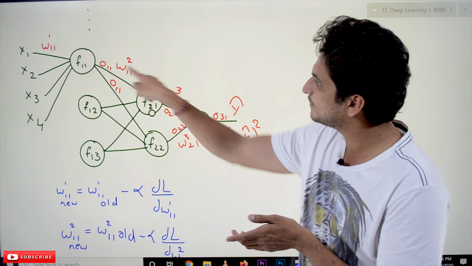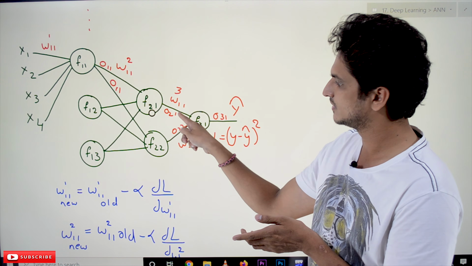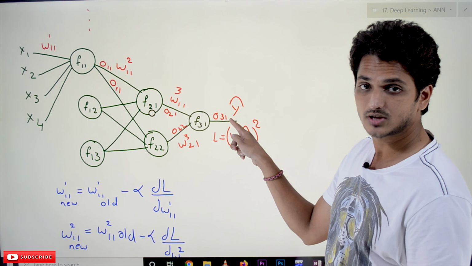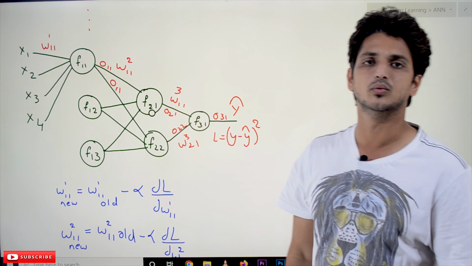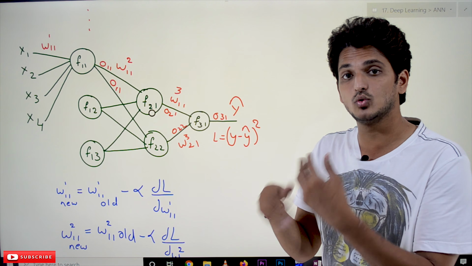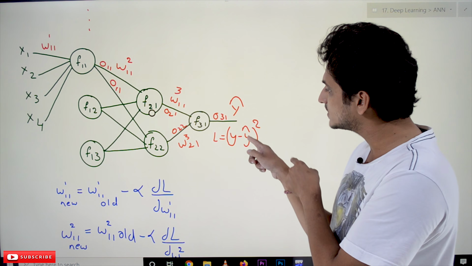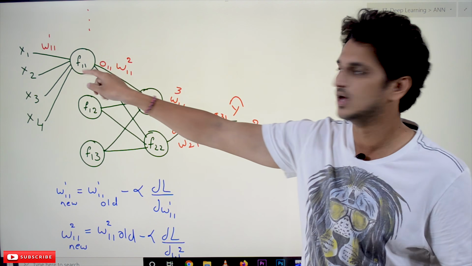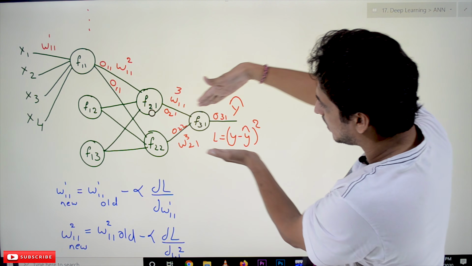So O21 depends on O11, O22 depends on O11, and O31 depends on O21 and O22. So we have to calculate back propagation to see how our loss is affected by W111. We have to calculate all these paths.